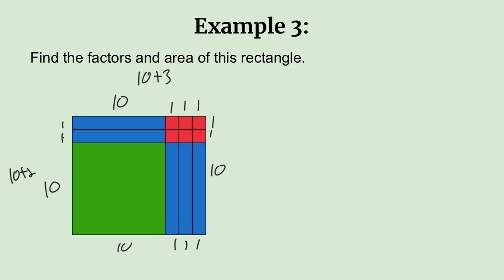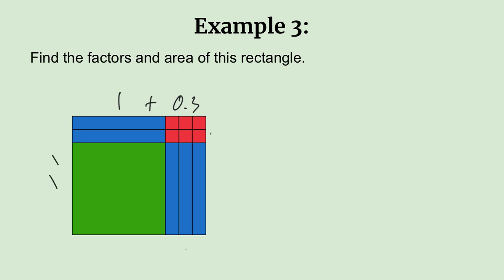But because we were doing this in decimals, this one, 10 plus 2, would really be a whole plus 0.3, and a whole plus 0.2. So that would be 1 plus 0.2, 1 plus 0.3.